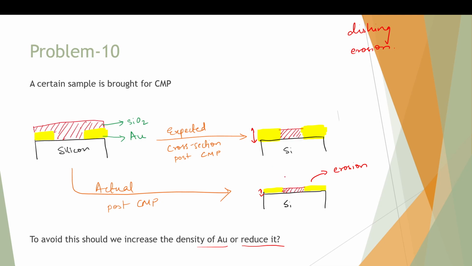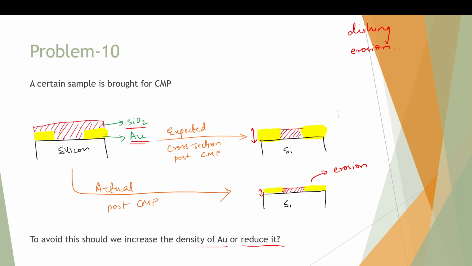CMP has both mechanical and chemical parts, but the chemical nature is such that in this case it is etching both. So whenever the selectivity is less, even though it is preferred to etch SiO2, it is also etching the gold.